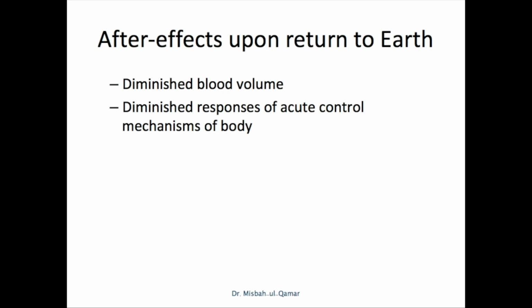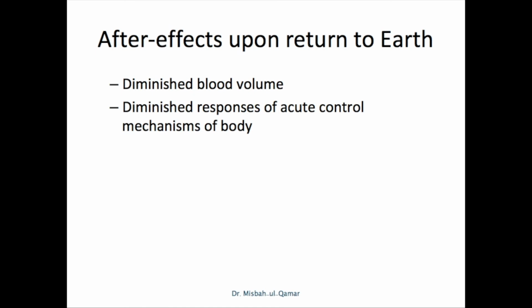Now, the reason why a spaceman has difficulty readjusting to the weightful state of normal positive 1g is because the circulatory system is adjusted to the weightless state, and these adjustments include reduced blood volume, dilated blood vessels in the lower extremities, and diminished response to arterial blood pressure control mechanisms.